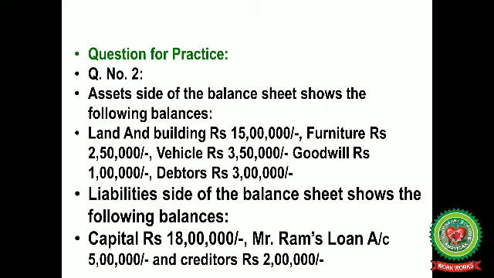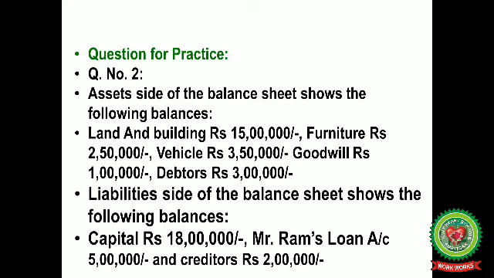So here in this question, your total should be equal to 25 lakhs. If your totals of debit and credit are not equal to 25 lakhs, then you have to add a suspense account to balance your opening journal entry.